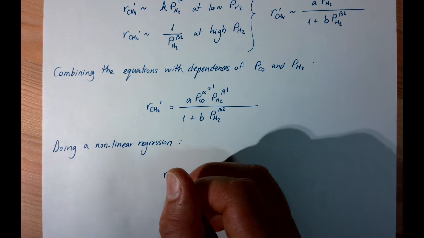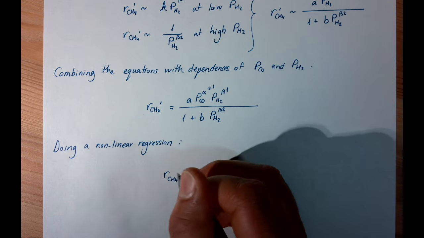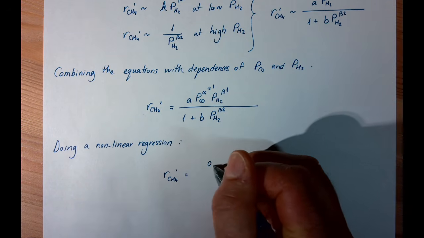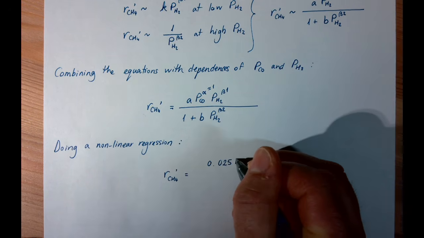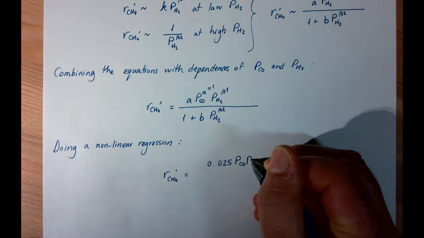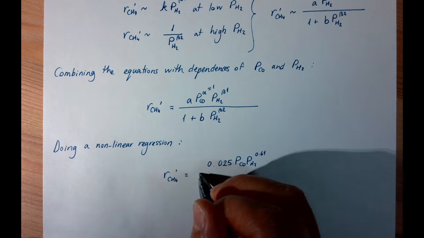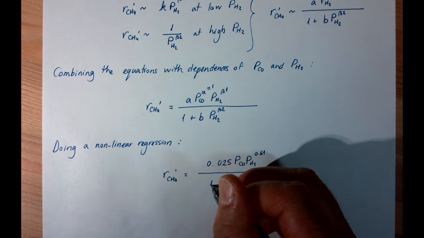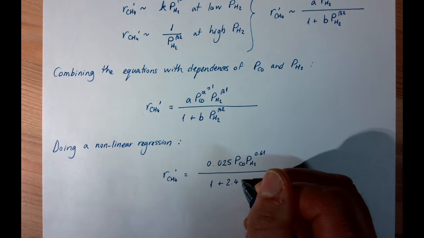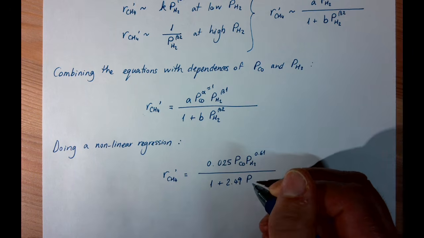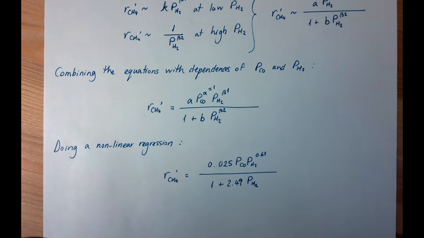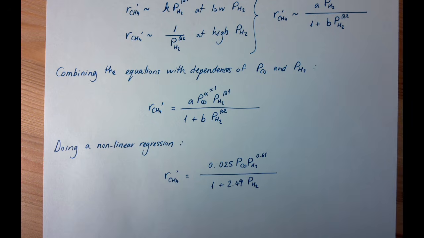And what you're going to get is 0.025 times PCO times P hydrogen to the power of 0.61 divided by 1 plus 2.49 times the partial pressure of hydrogen to the power of 1.